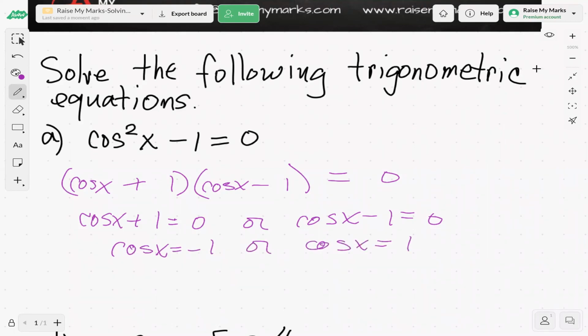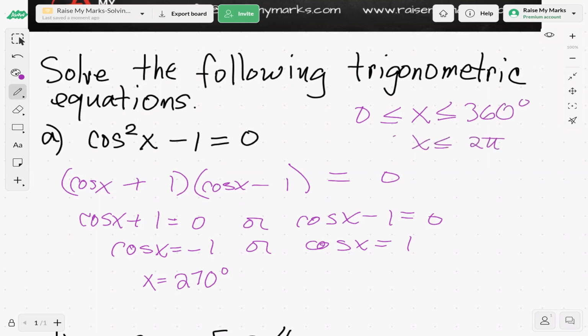So when does cos x equal negative 1? It equals negative 1 when x equals 270 degrees. Why don't we take our x values to be between 0 and 360 for dealing with degrees, or 0 and 2 pi for dealing with radians. So far we have x equals 270 degrees.